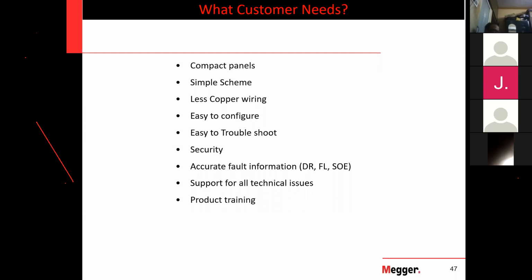So this is the benefit of accurate fault information. It is very, very essential to put the system back into service once the relay operates, and this is possible only in numerical relays.